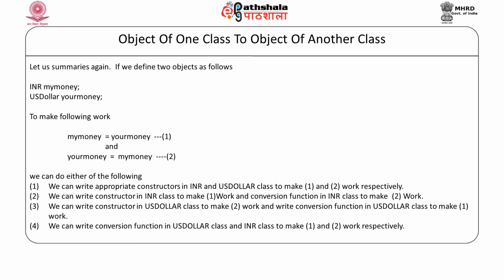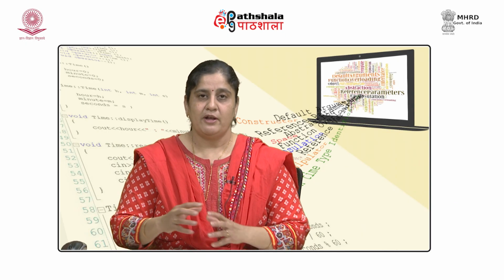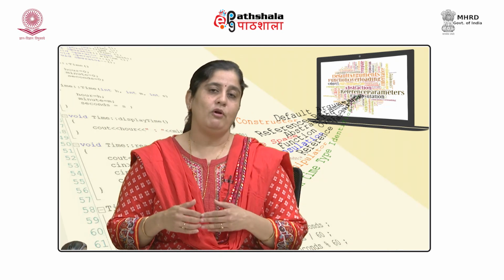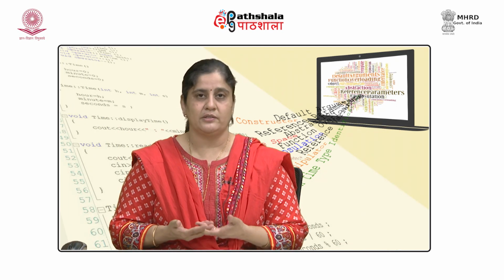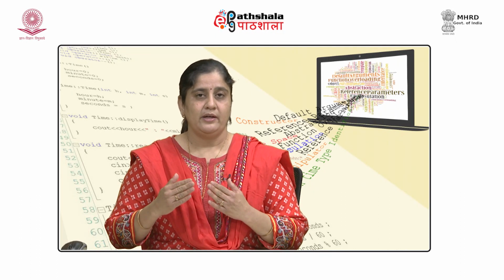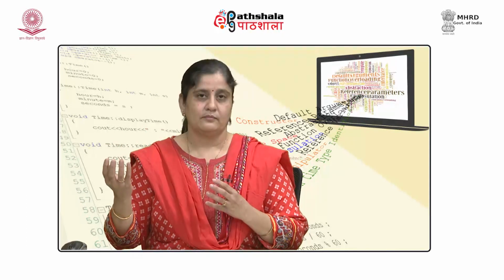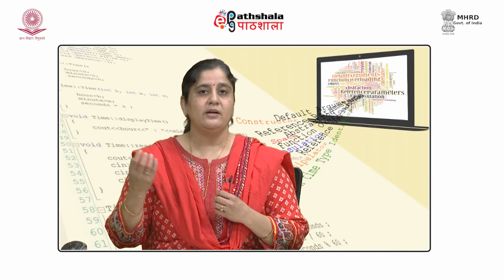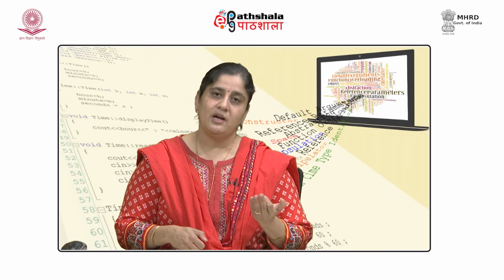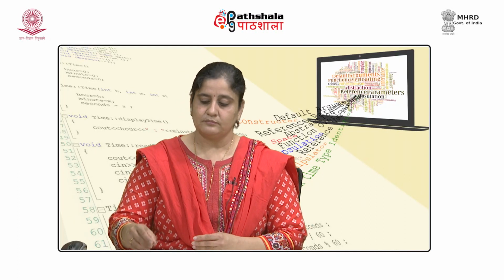So, in a nutshell, we can say that whenever we have assignment statement which involves the object of our class, if the class that we are trying to modify is the source class, in that case we need to write a conversion function, and if the class that we are trying to modify is a destination class, we need to write an appropriate constructor.